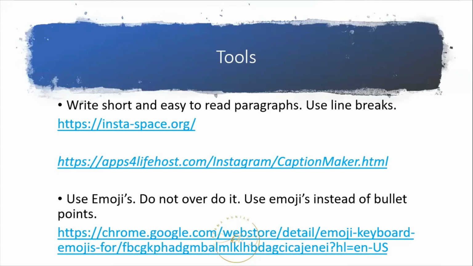Another thing is an emoji tool. This is a Chrome extension. Why do I use this? Again, since I draft on my computer and keep it ready in the app that I use, I make sure that my emojis are ready to go already. Since there's no emoji keyboard on my computer, I prefer to use the Chrome extension.